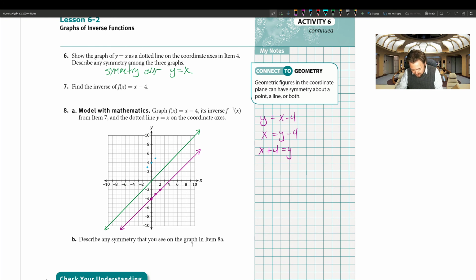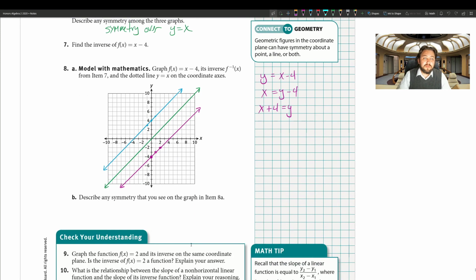Sorry, I just like to be precise. That looks a little bit better to me. Okay. So here we have our f of x, its inverse, and then y equals x. Describe any symmetry that we see. It looks to me like this is still symmetric over y equals x.